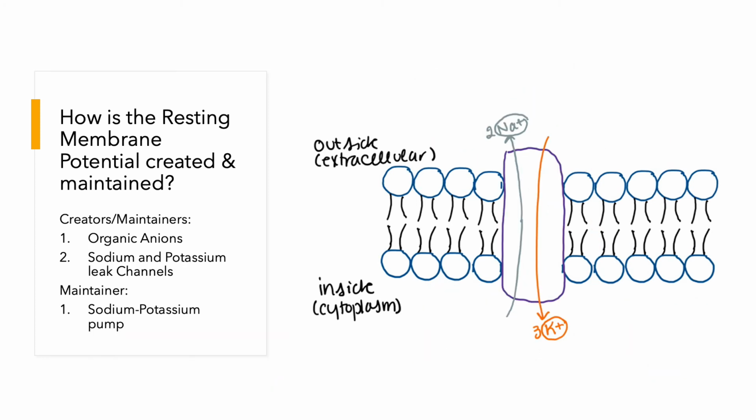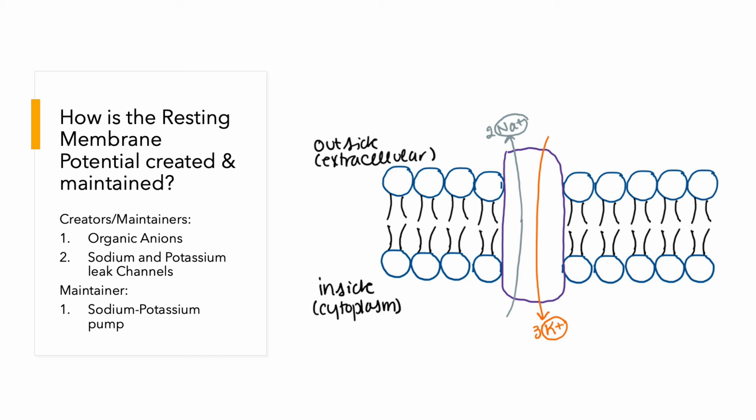The resting membrane potential is maintained through a combination of the continued presence of organic ions, flow of ions through the leak channels, and sodium-potassium pumps. Sodium-potassium pumps move sodium and potassium ions against their concentration gradients.